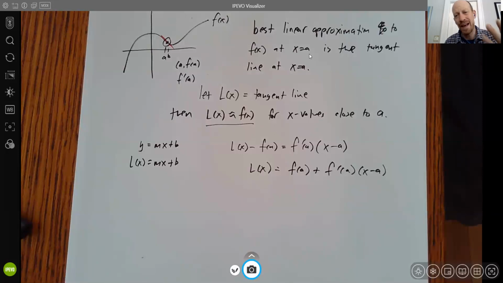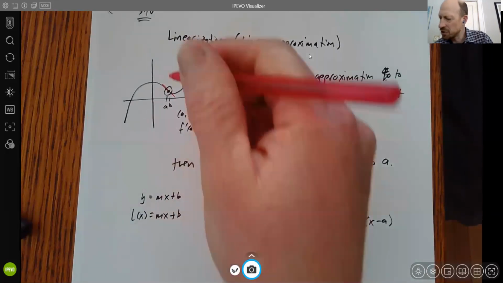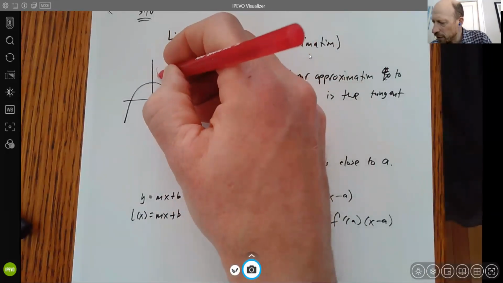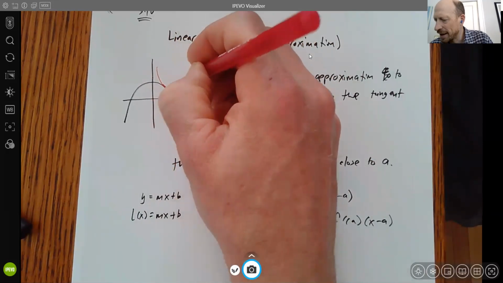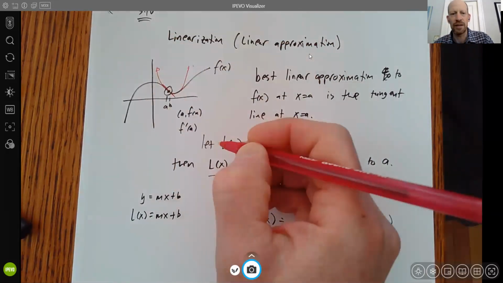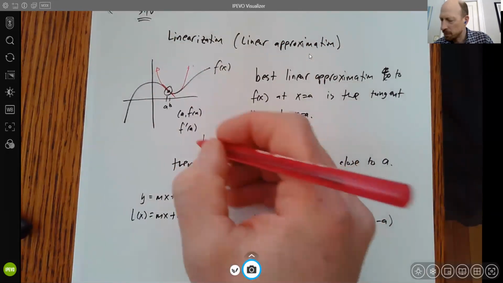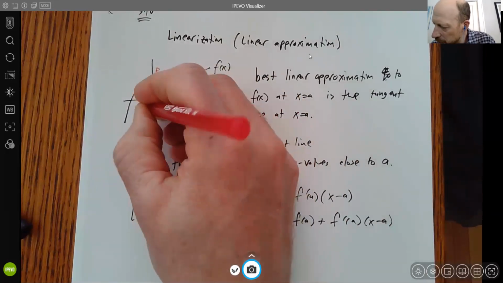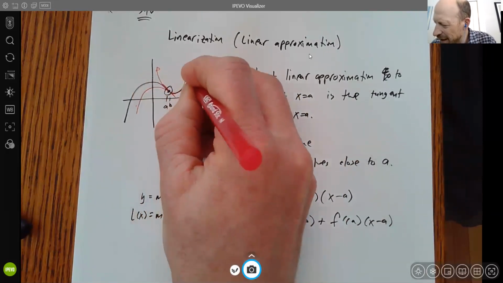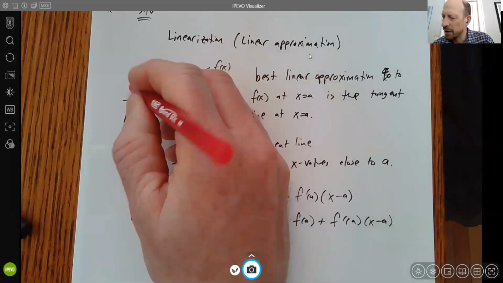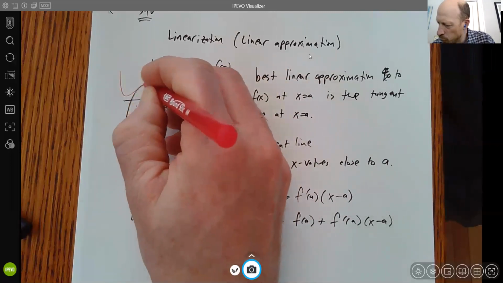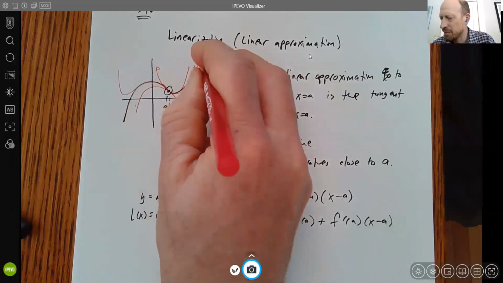But what happens is as we look at these successive approximations, so this is the linear approximation, a quadratic approximation maybe would look like this, right? That's an x squared approximation. And maybe if I did a cubic approximation, I could line it up so it looked like that, and a degree 4 approximation, maybe I could make it look like that.